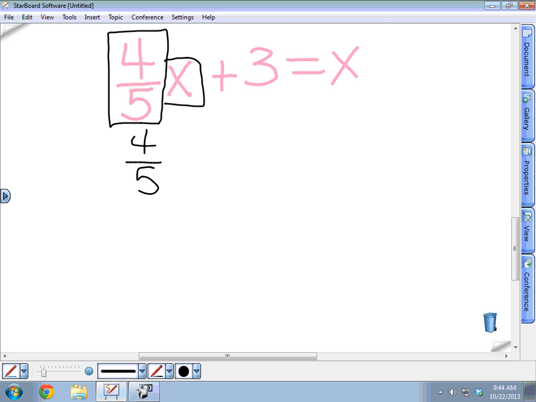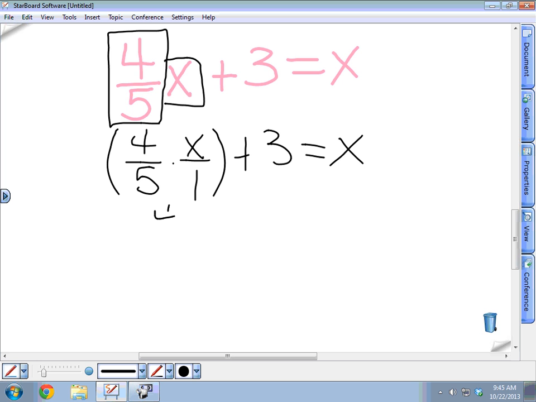So this is the same as 4/5 times x over 1. Okay? When you see it like that, I'll just write it like this so you can see it all. That may help you realize what this is. When you're multiplying fractions, you just multiply across the top and multiply across the bottom. We call that multiplying your numerators and then putting that over the product of your denominators.